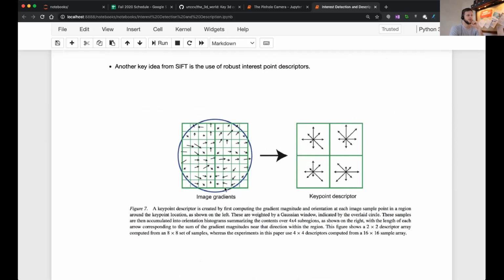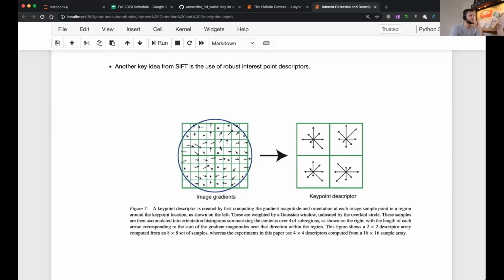You can remember we learned the Sobel edge detector, for example, back in module 1. And you take all these gradient directions, the direction of the edge for each point, and instead of directly using this as a feature to compare against other interest points, he does what's called a histogram, a histogram of gradients technique.